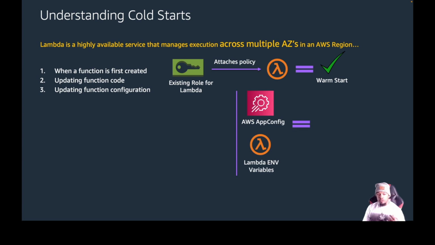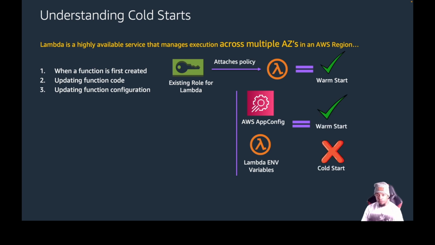Let's look at this, for example. So let's say you have environment variables hard-coded in Lambda, and then you also have another process for your other function that uses AWS AppConfig to pull the configuration parameters from the AppConfig service itself during the function init. And let's say you want to update the configuration variables in both contexts. Which one would mandate a cold start?